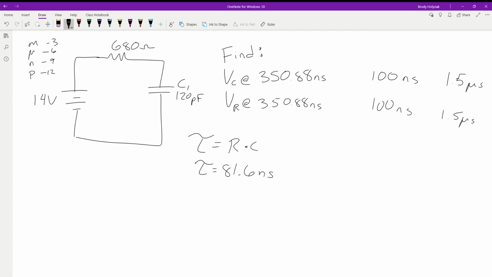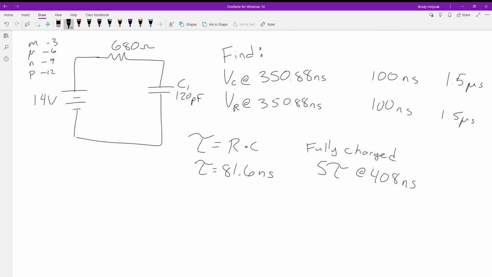Yeah, multiply it by 5. So fully charged is 5 tau. Okay, so we take our 81 nano, we multiply it by 5. So it's going to be fully charged at 408 nanoseconds.